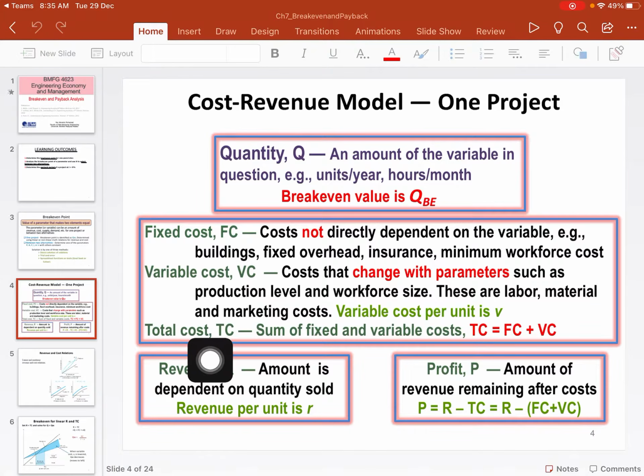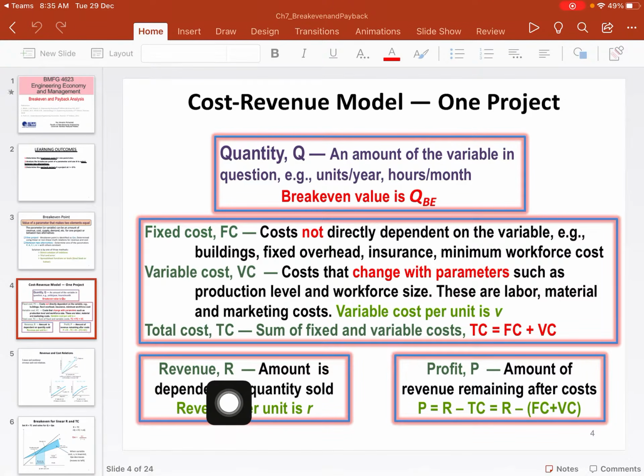Total cost, denoted as TC, is the sum of fixed and variable costs, written as TC equals FC plus VC. So it is the total sum of fixed costs and variable costs.